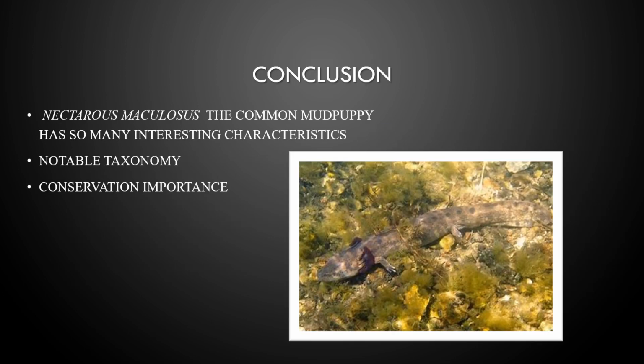Now, as we get to a conclusion here, we're going to be talking about the Necturus maculosus, the common mud puppy, having very interesting characteristics and notable taxonomy. It looks very distinctive with its bushy gills and eel-like body, growing up to sizes of 16 inches, which makes it a very interesting and notable species to talk about, especially in freshwater environments in North America.